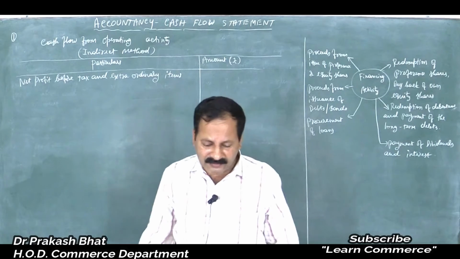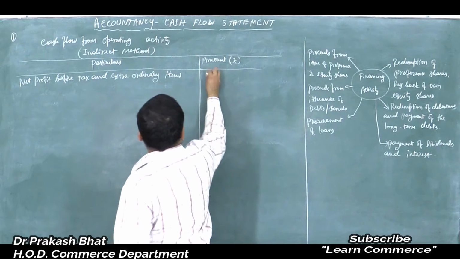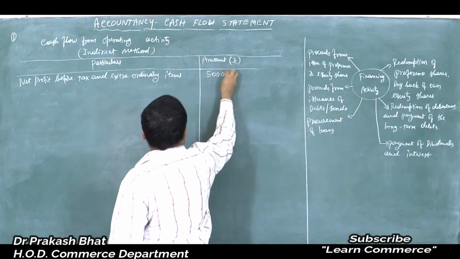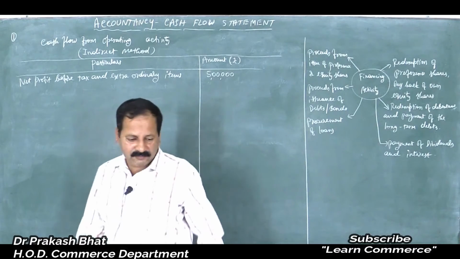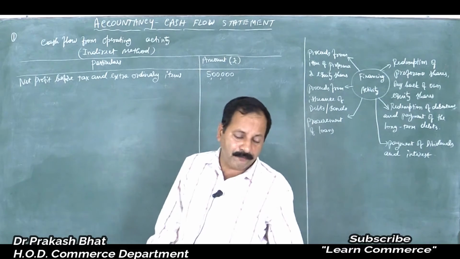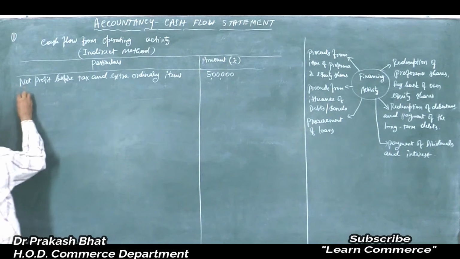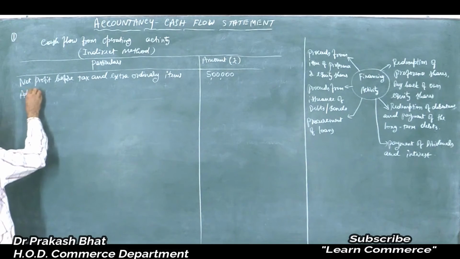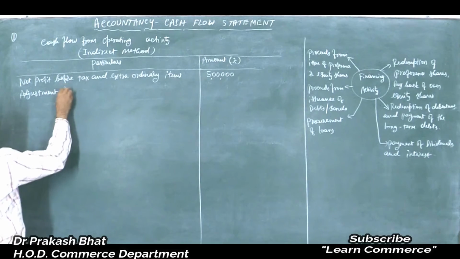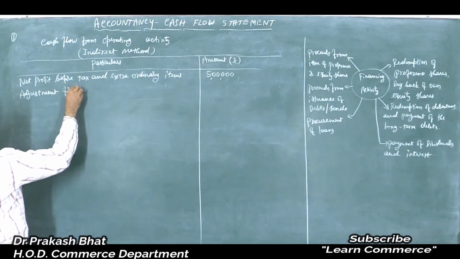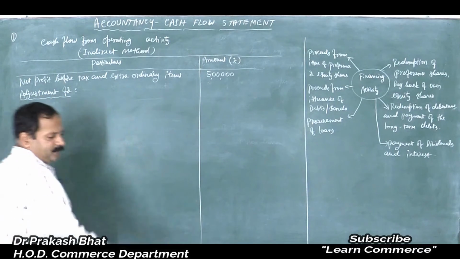Write the amount, how much it is? 5 lakh. Am I correct? 5 lakh. Then adjustment for, right? Adjustment for.